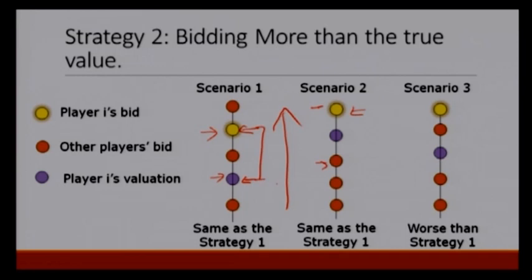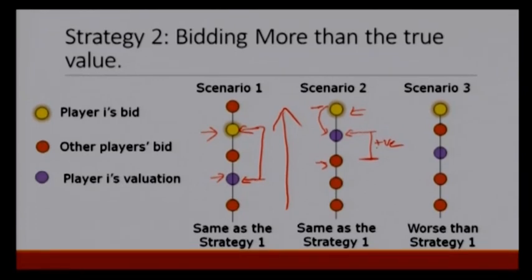Let us see what would have happened if he had bid truthfully. In this case, this would have been his bid and he would still have won the auction, because this would have been the highest bid. So, we are moving this to this, and how much did he have to pay? The same as this level. So, in both cases his payoff would have been this much positive amount. So, whether he bids more than the true value or bids truthfully, in scenario 2 it would not have made any difference.